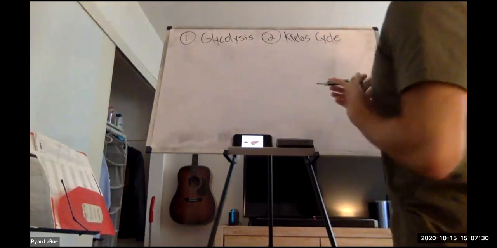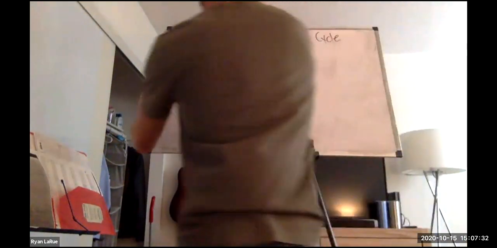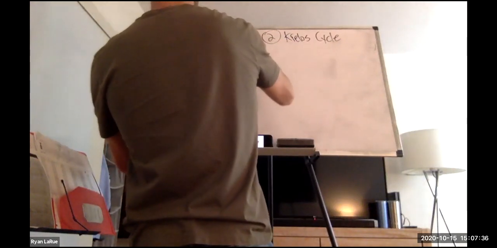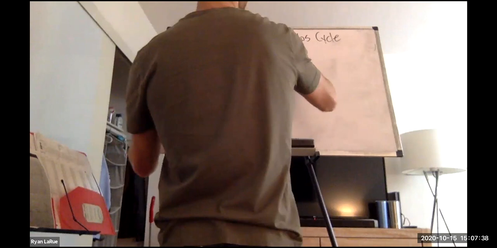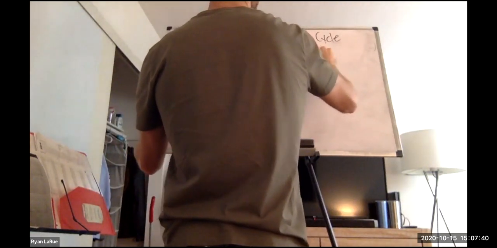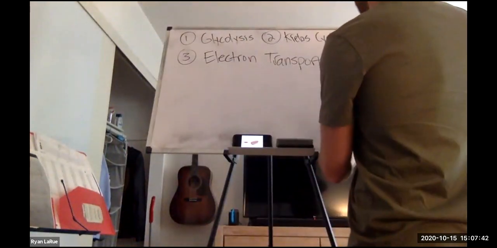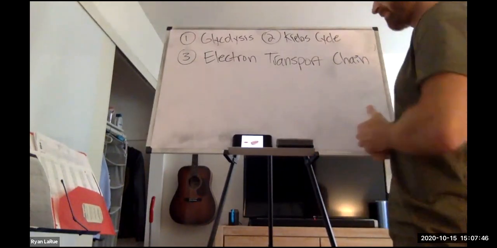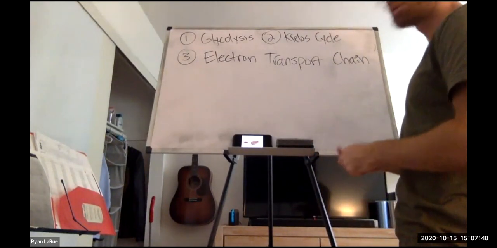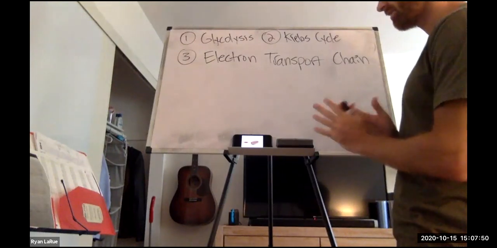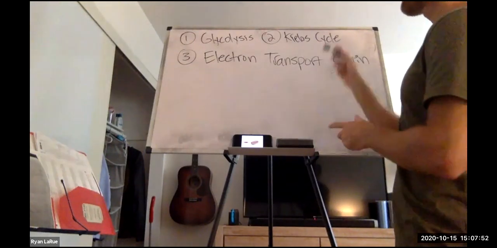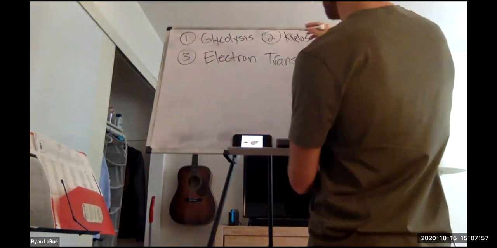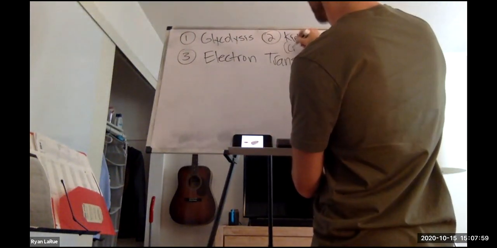And the third, that we'll definitely be addressing next time, is called the electron transport chain. So those are our 3 stages of cellular respiration. Also, Krebs cycle, another name that I might use interchangeably, same thing as the citric acid cycle.